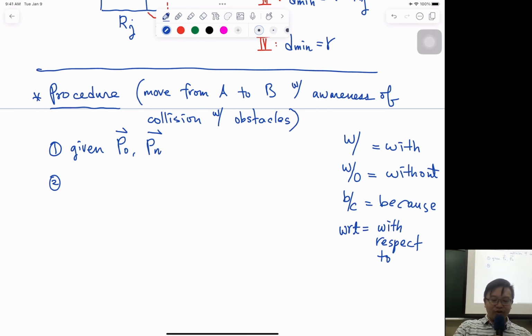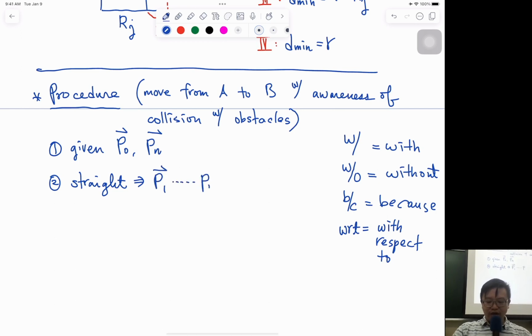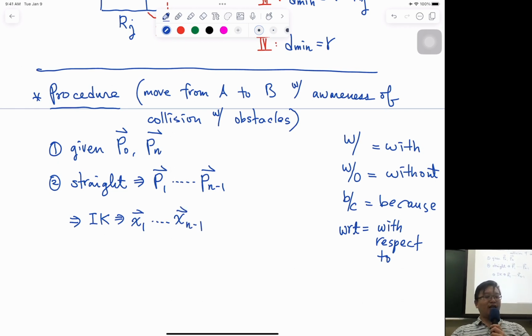If you are moving straight, then you need to figure out P1 to Pn minus 1, okay? And then you need to do inverse kinematics for x1 to xn minus 1. That's for the case if you are moving straight.